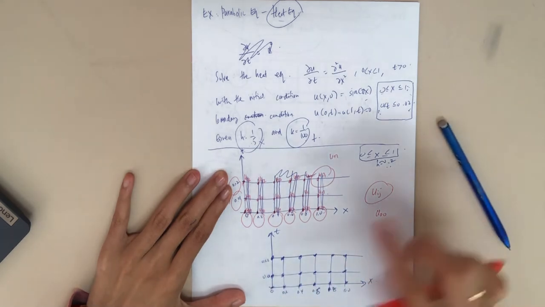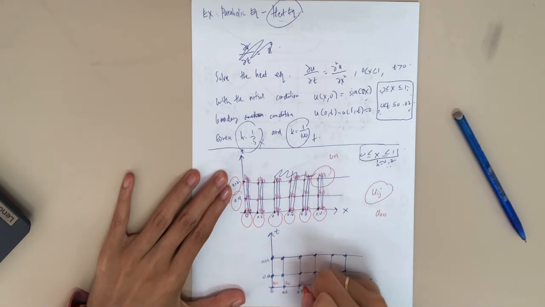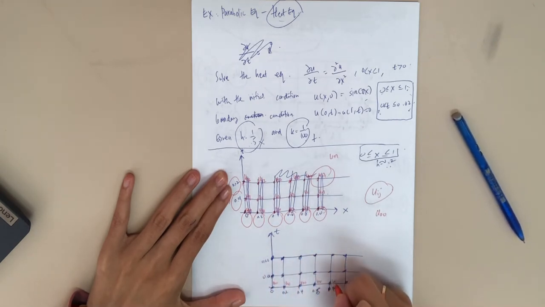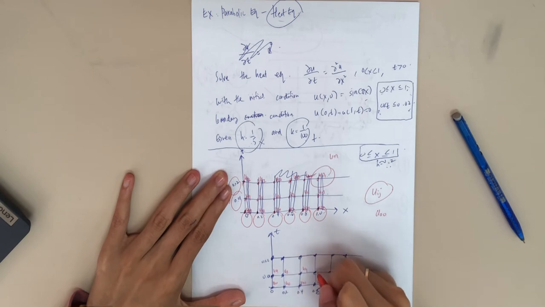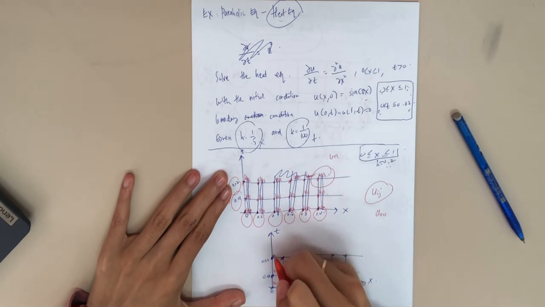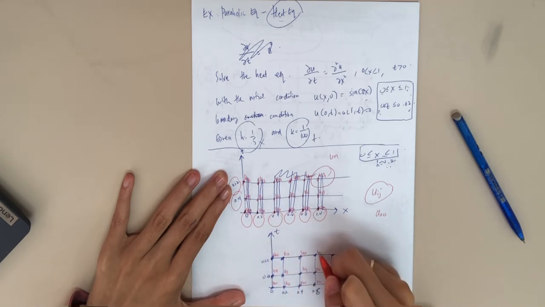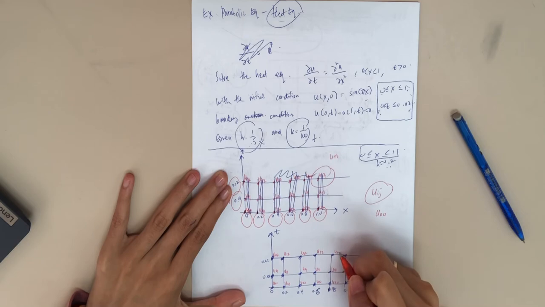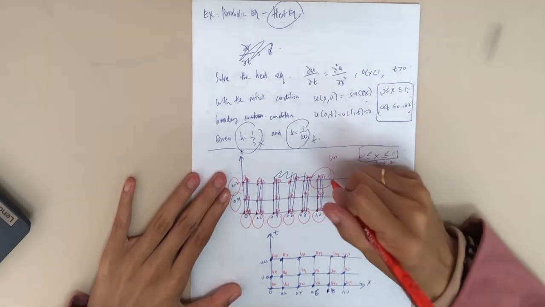Alright, so you need to label it. So this one U00, U10, U20, U30, U40, U50. U01, U11, U21, U31, U41, U51. And then this one U02, U12, U22, U32, U42 and U52. Oh, wrong, U52.